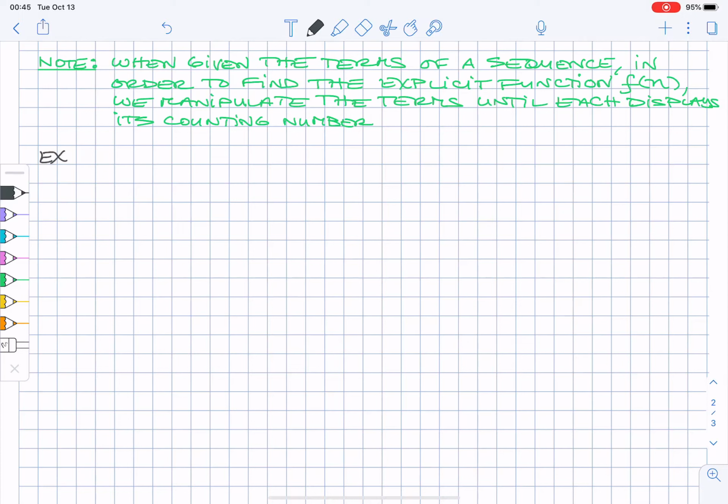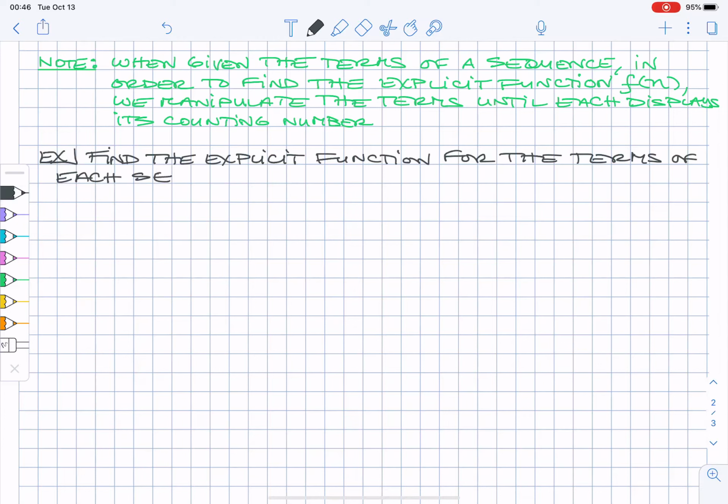So for example, find the explicit function for the terms of each sequence below.